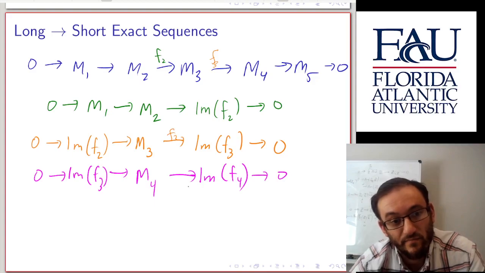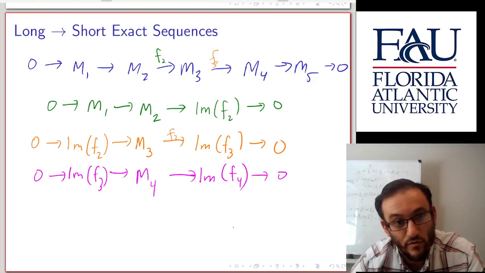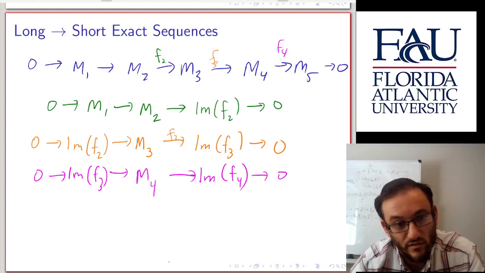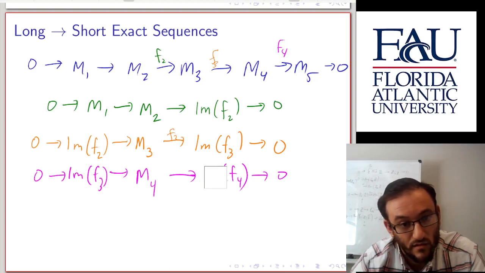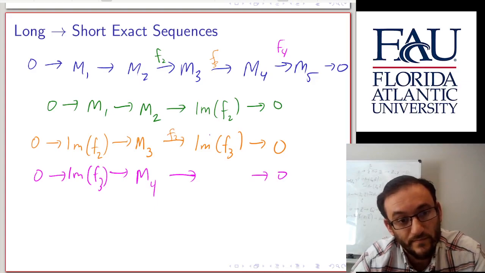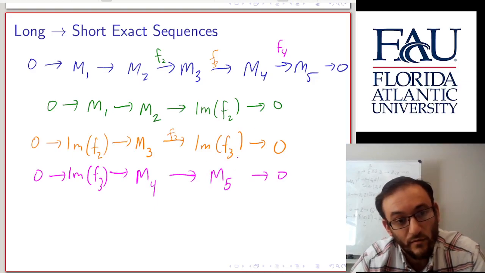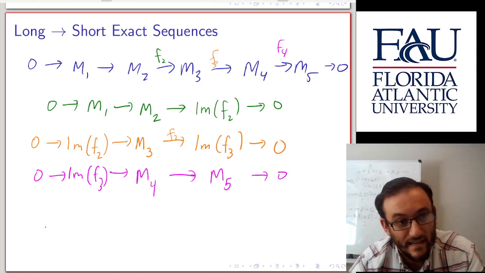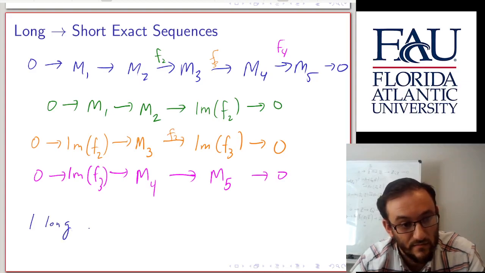And because F4 is surjective, the image of F4 is just going to be equal to M5. Okay, so we're able to turn this long exact sequence into 3 short exact sequences.